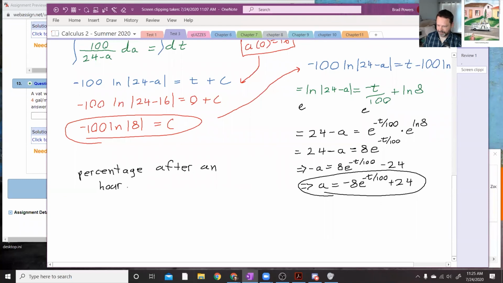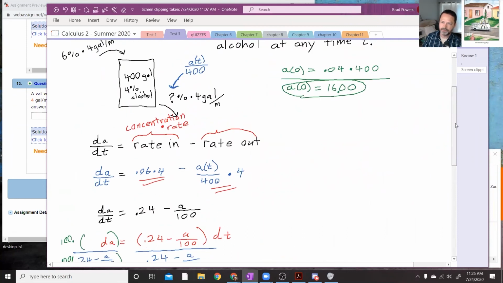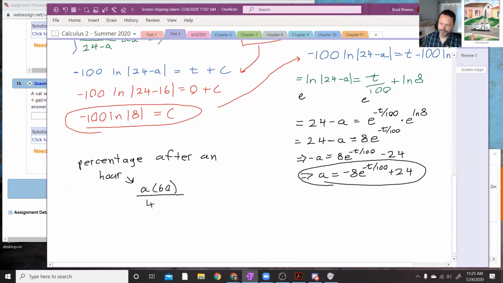That was going to be our A of 60, the amount divided by, again, the total amount of liquid in there, which is 400. So if you want to find the actual answer, that's what it would be for what it was asking for.